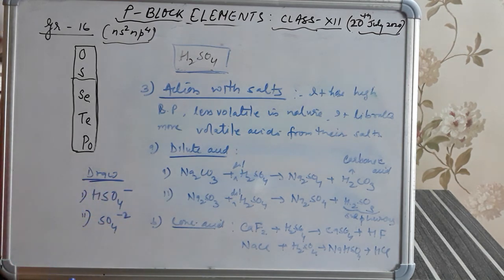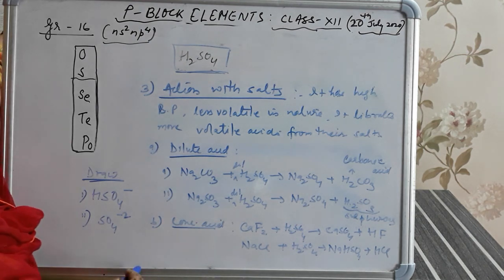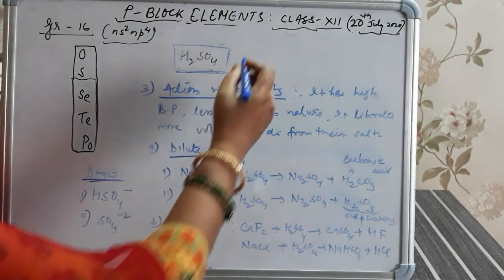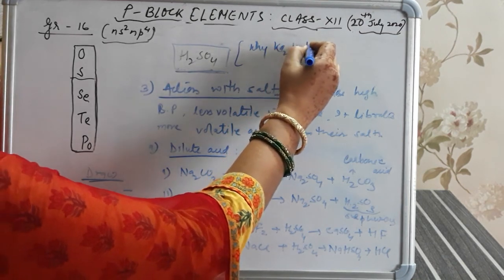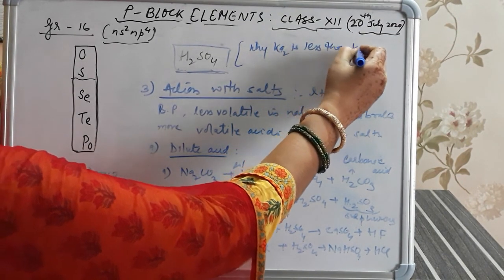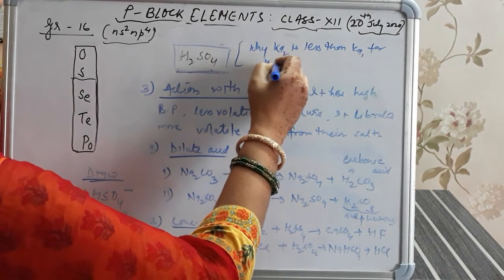Okay, let's discuss group 17 and other questions related to H2SO4 from your NCERT book. We will discuss them at the end of the week, on Saturday, the in-text and exercise questions of group 16 NCERT. One question I also discuss here is why Ka2 is less than Ka1 for H2SO4.